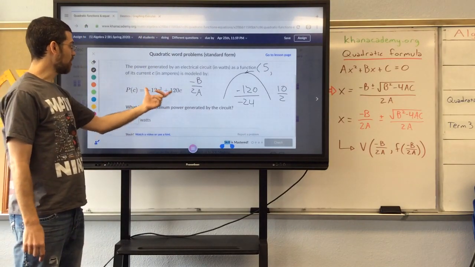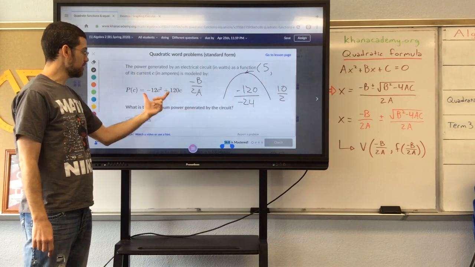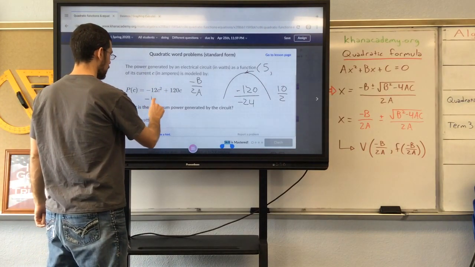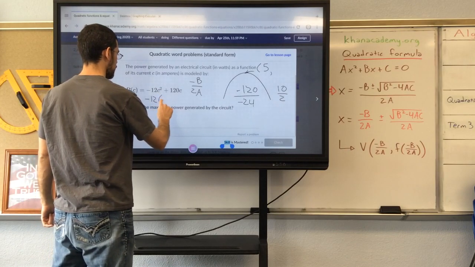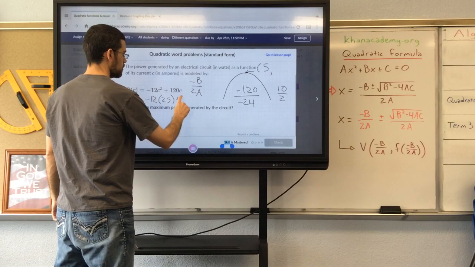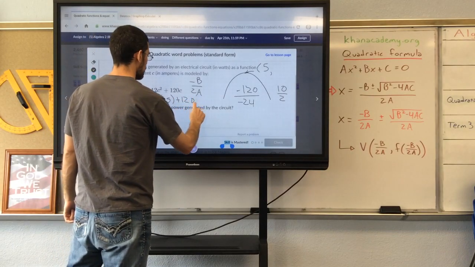So now we just have to evaluate the function at c equals 5. If c is 5, we get negative 12 times 25, 5 times 5, plus 120 times 5.